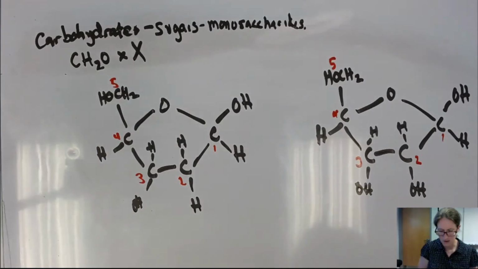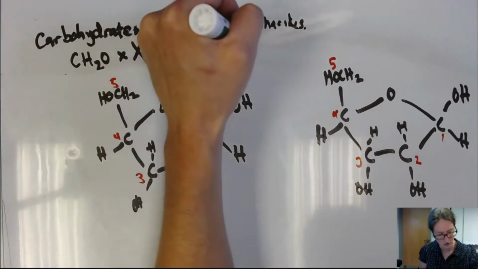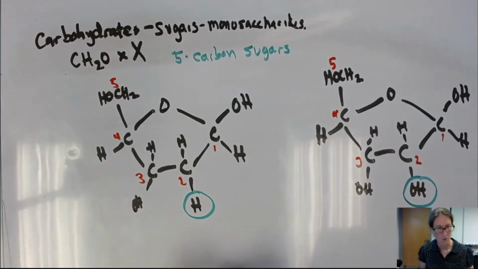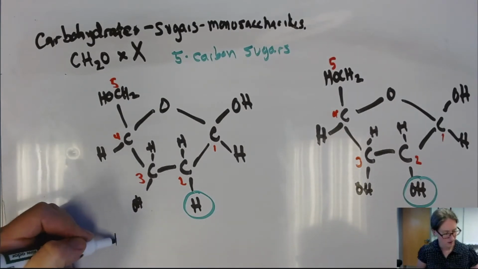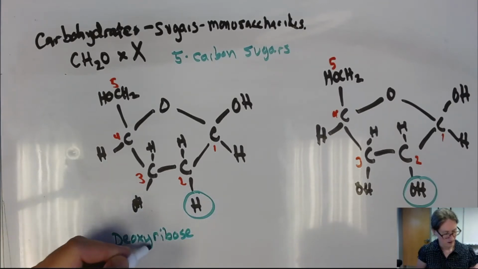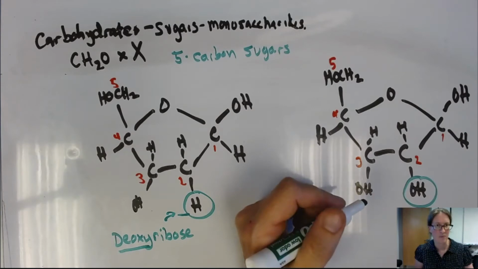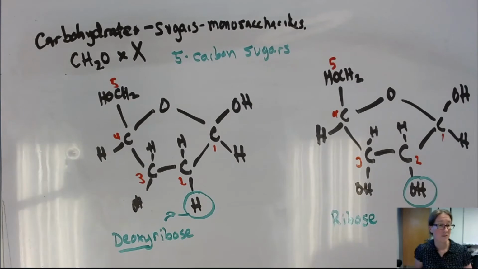Okay, and then notice that the only difference between these two carbons, and these are 5 carbon sugars, is right here at carbon number 2. So these two 5 carbon sugars are collectively known as deoxyribose, right? Deoxy because there's no oxygen here. And then this other 5 carbon sugar is then just called ribose. And again, those are going to reappear later on in this course.